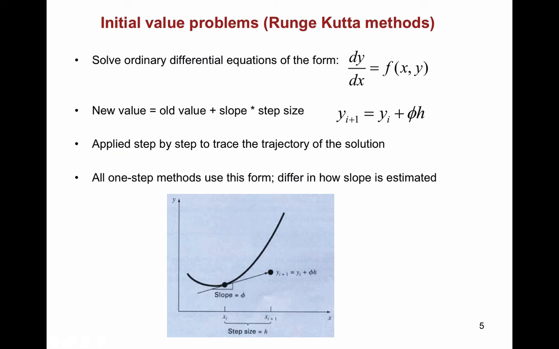Here it might be close to 0, but what it is up there is based on the first equation that I'm solving: dy/dx is equal to f of x, y. So at this point, I have xi and yi.